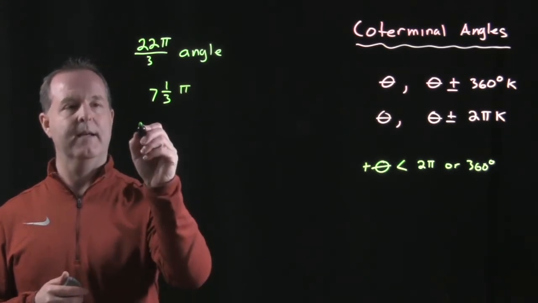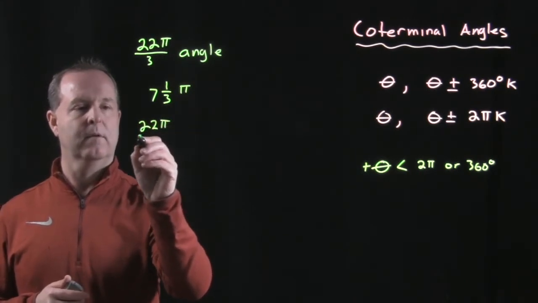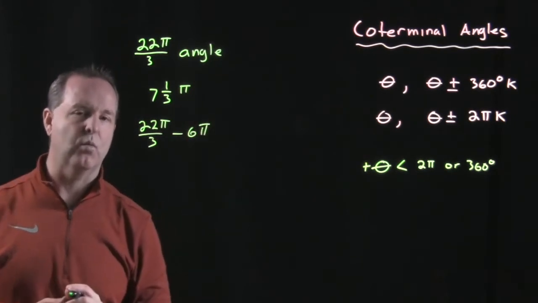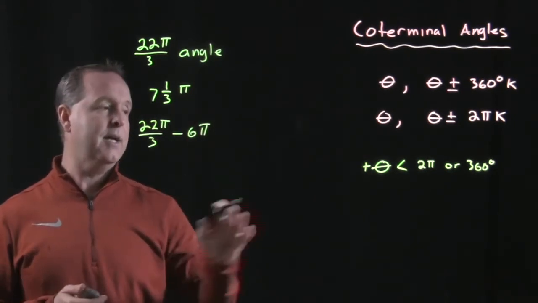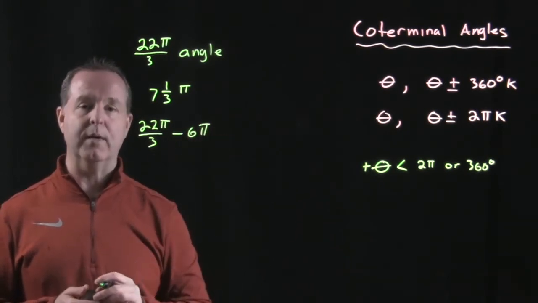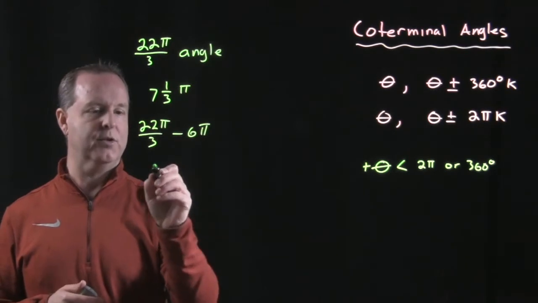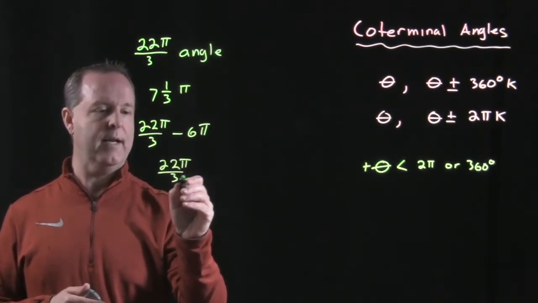So let's go back to our original problem, which is 22/3 pi. I'm going to subtract 6 pi from that. And that should be the right amount of multiples of pi to eliminate, so I get a reduction that's less than 2 pi. So let's work that out and see if that's true. 22 pi over 3.